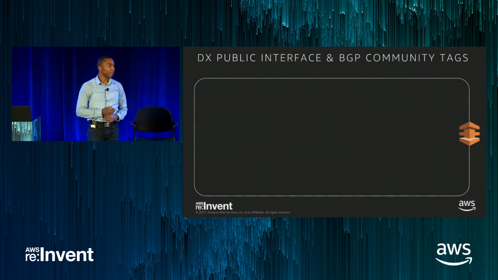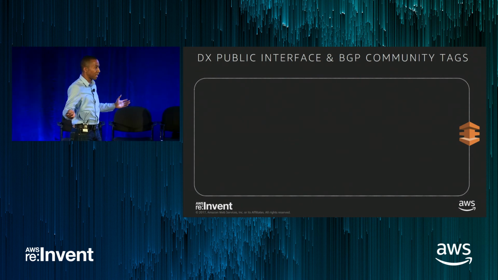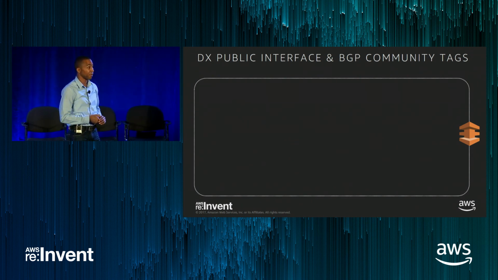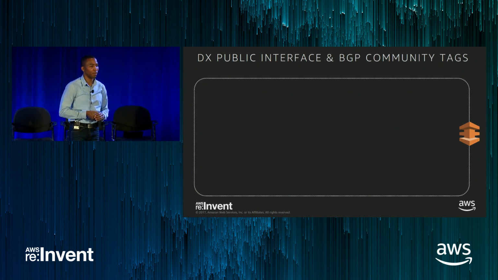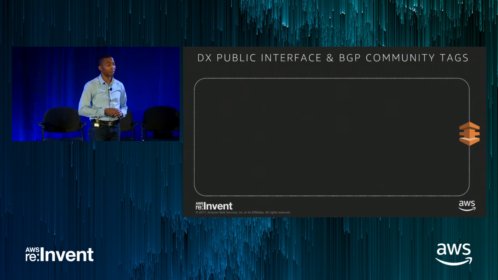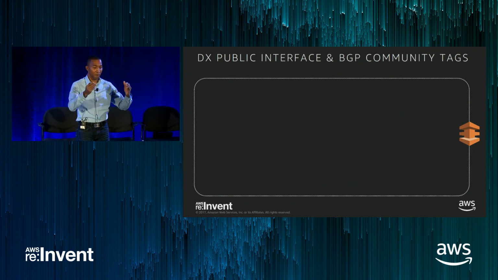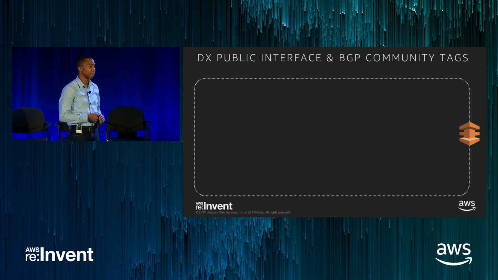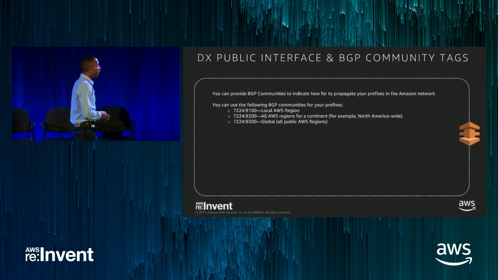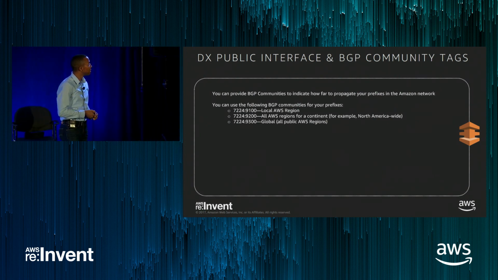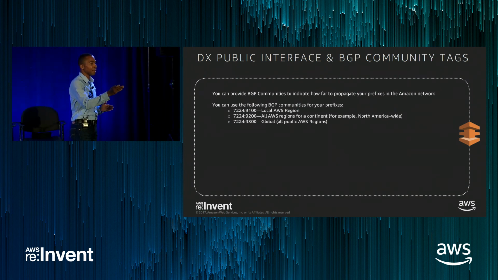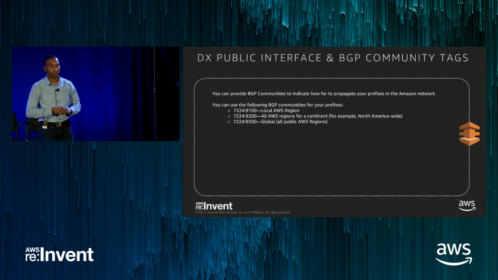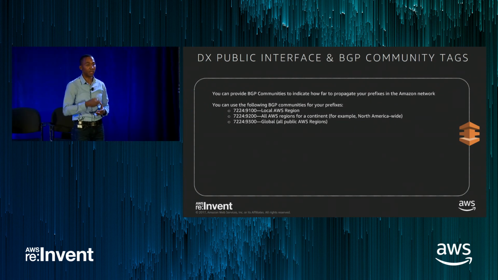So if I now have access to all AWS public service space and IP addresses, how then do I narrow that down? There are clear advantages in having that. But what if my route table can't handle all those routes? How can I further pare that down? You can do that leveraging BGP community tags. Now, we give you the ability to narrow where we advertise the public IP address space that you give to us.